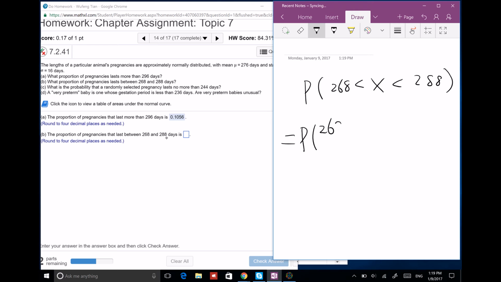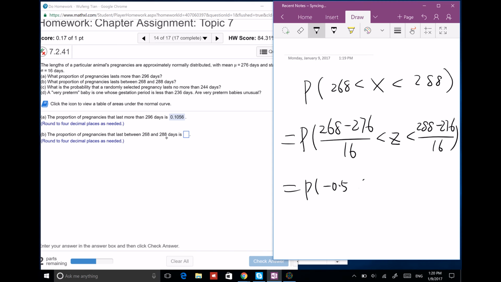Probability of 268 minus 276 divided by 16 less than z less than 288 minus 276 over 16. 268 minus 276 divided by 16 equals negative 0.5, so it's the probability of negative 0.5 less than z less than 0.75.